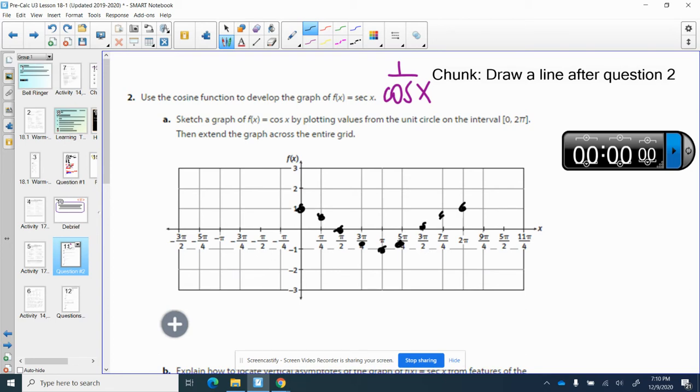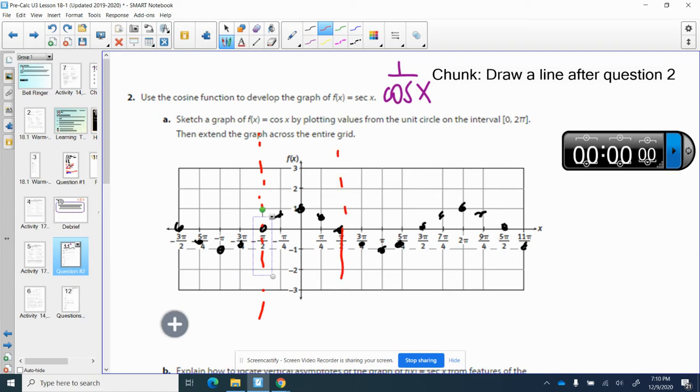And if we look at this parent function here, continuing on beyond one period so we could see this a little bit better, what we notice is that, again, wherever this graph touches 0, we are going to have an undefined point when we look at its reciprocal.